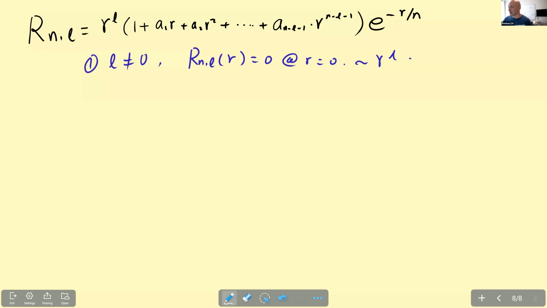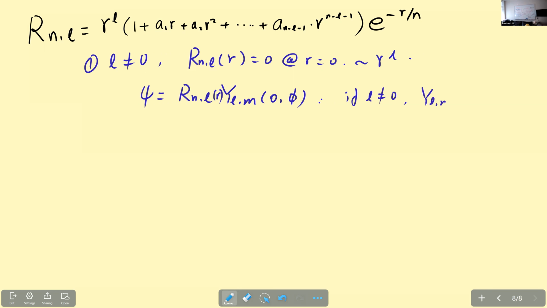Because remember the wave function is given by R_nl(r) times Y_lm(theta, phi). This is a function of r. So you can see if L is not 0, this Y_lm is not a constant, right?